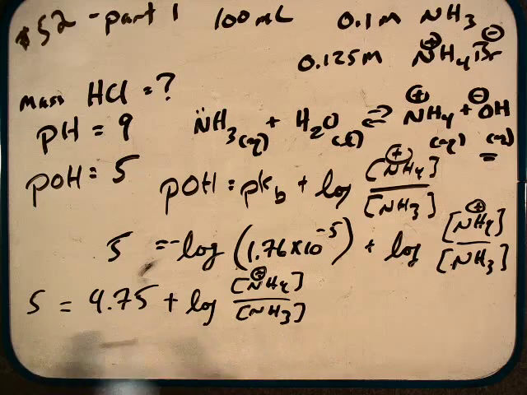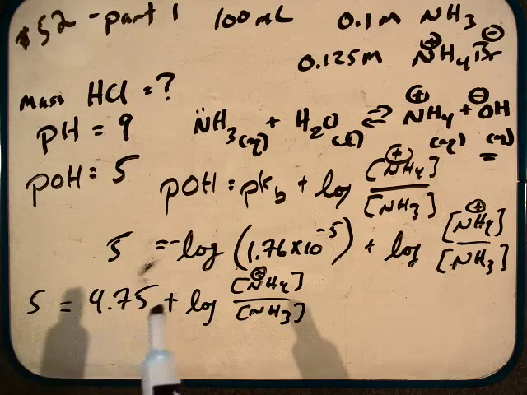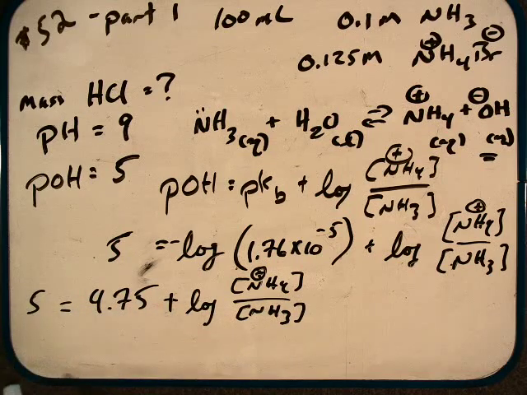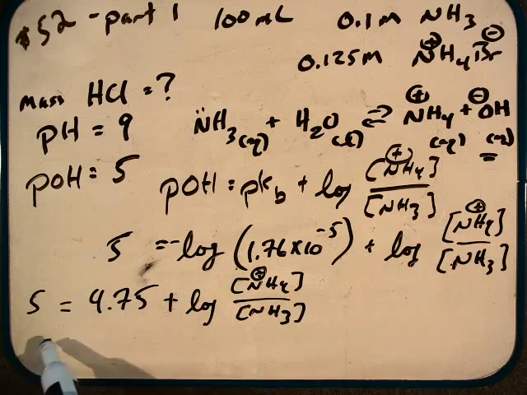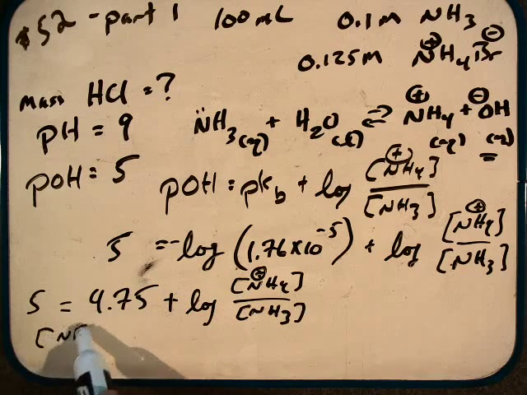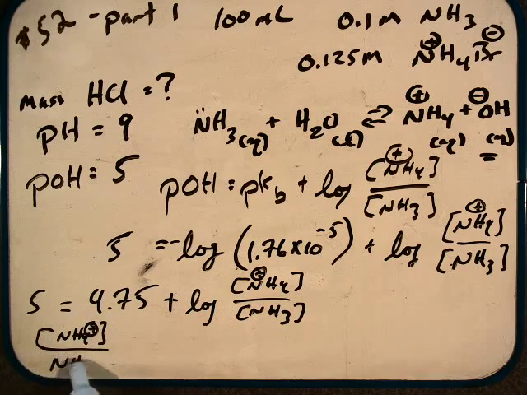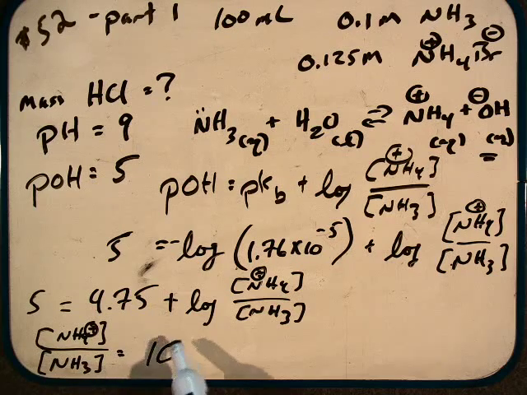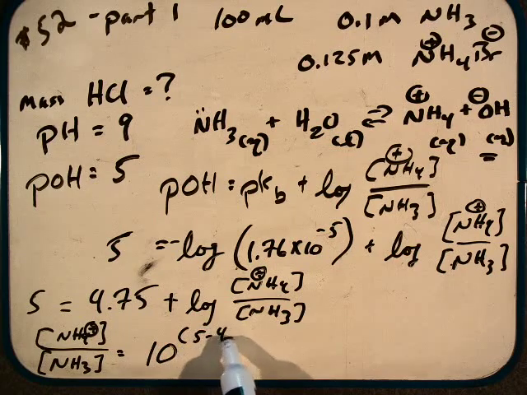So we need to rearrange this a little bit, right? If we bring the 5 and the 4.75 to the other side, and then get rid of the logarithm, you would be talking about this ratio, which would be equal to 10 to our pOH minus that pKb.